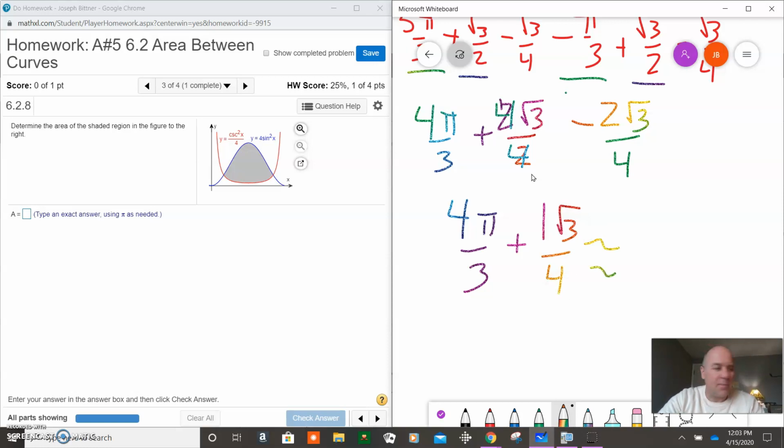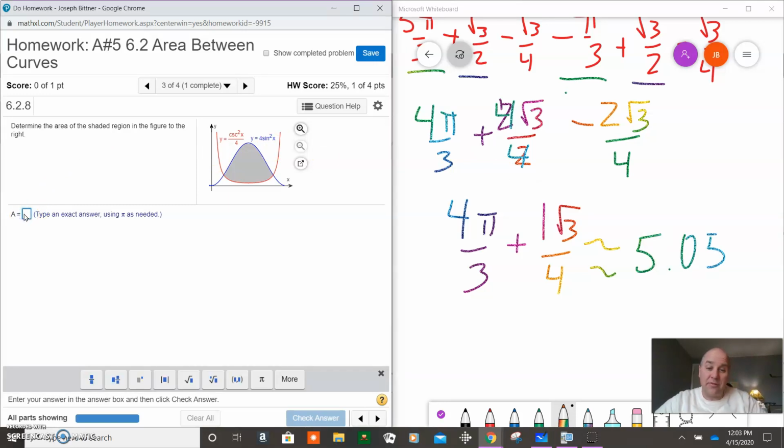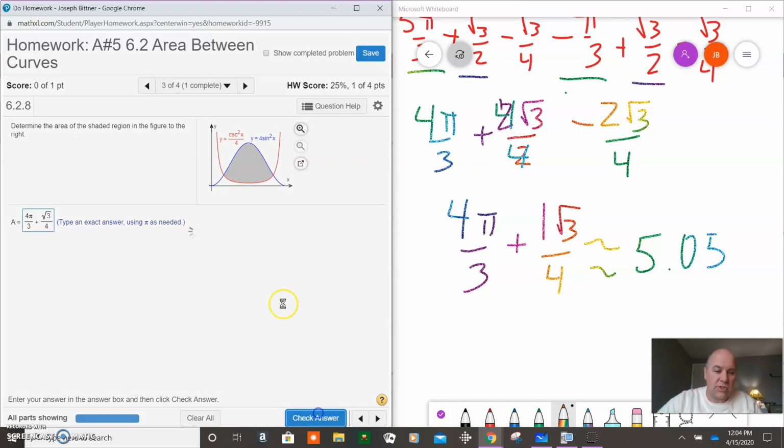Even if you type it in the calculator, I typed it in the calculator quite a few times just to verify, you get a decimal. I always like to check the decimal just to make sure everything matches up. This is going to be one of the more challenging problems, so be careful with this. 4 pi over 3 plus square root of 3 divided by 4, and that should check my answer.